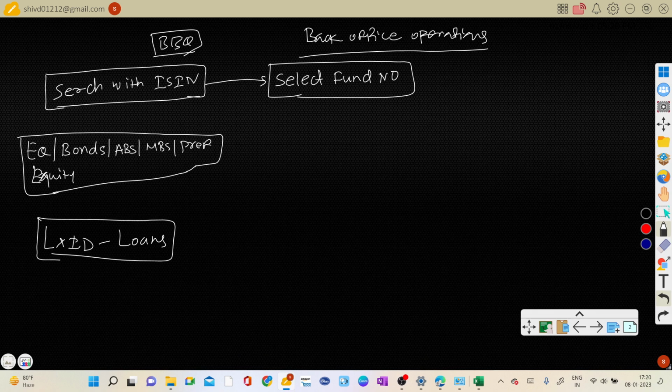So once you receive it, select the fund number in your system and go inside. Select the instrument type.